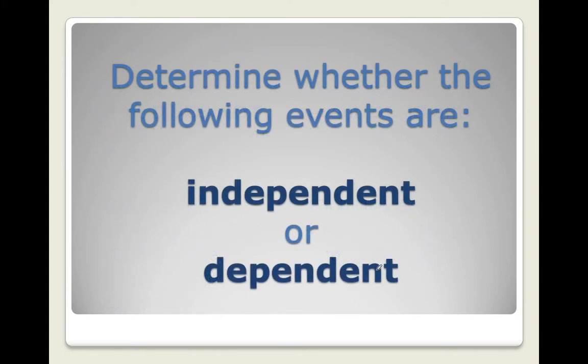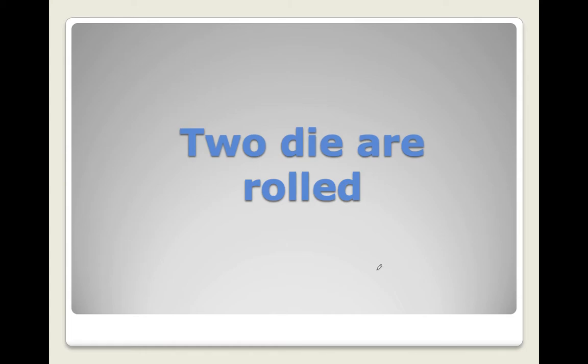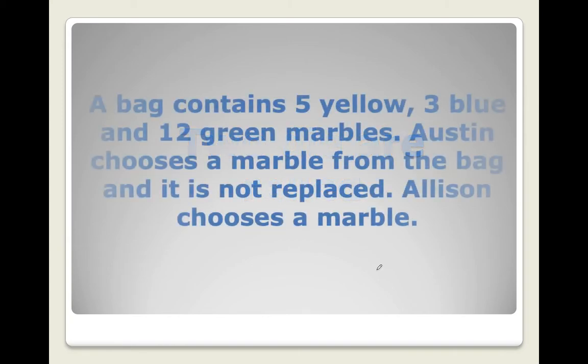So let's take a look at a few scenarios, and I want you to identify whether these are independent or dependent events. 2 die are rolled. A bag contains 5 yellow, 3 blue, and 12 green marbles. Austin chooses a marble from the bag, and it is not replaced.